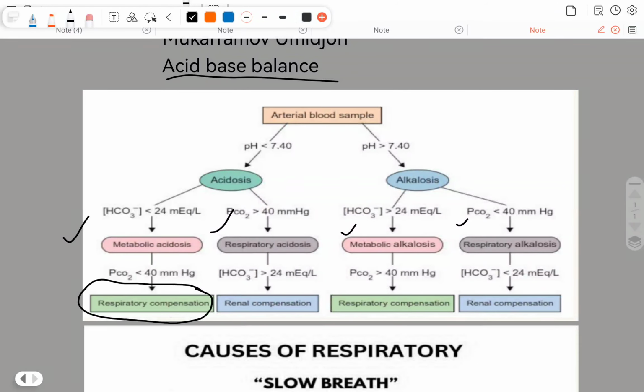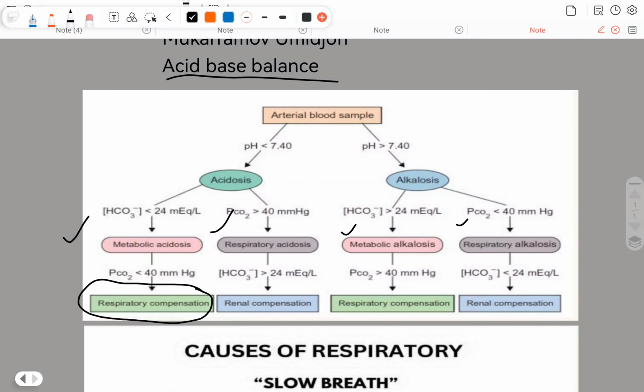How does this occur? Respiratory compensation is caused by increasing the rate and depth of respiration. In this way, we discharge more carbon dioxide to the air. As a result, the amount of hydrogen ions in the blood decreases. Okay, that's metabolic acidosis and its correction by the respiratory system.